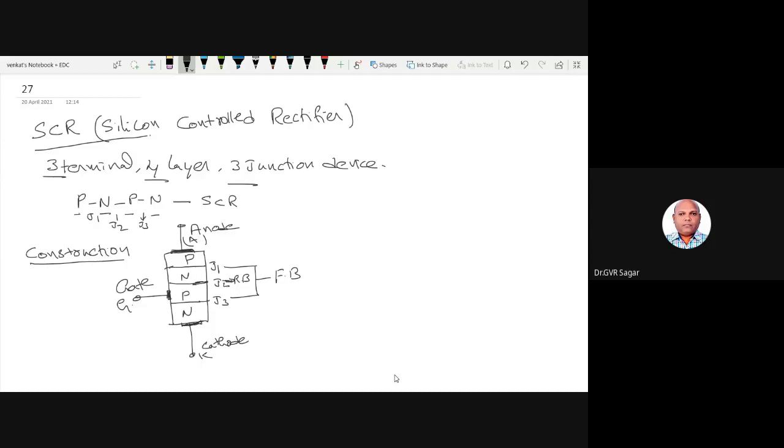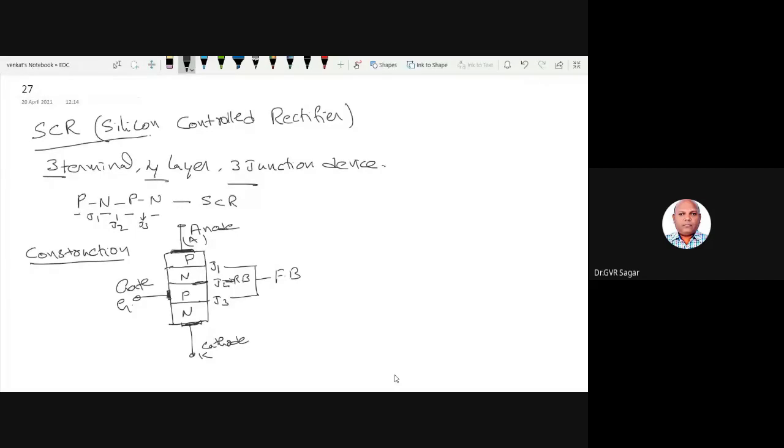This is the constructional diagram, consisting of four layers of PN regions sandwiched together so that we can form an SCR. This SCR contains three junctions J1, J2, J3, and three terminals: anode, cathode, and gate.